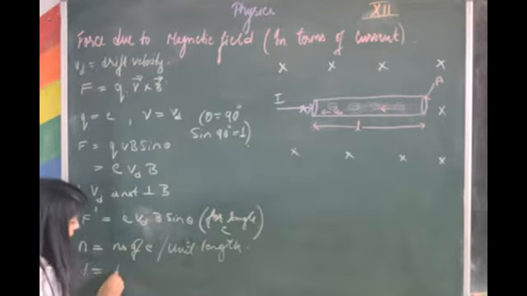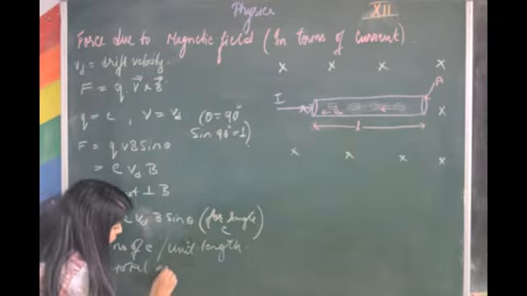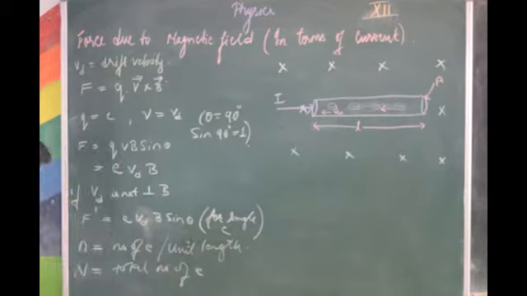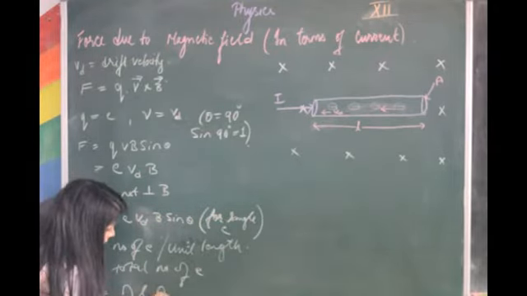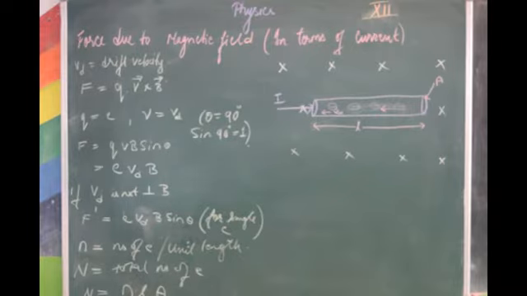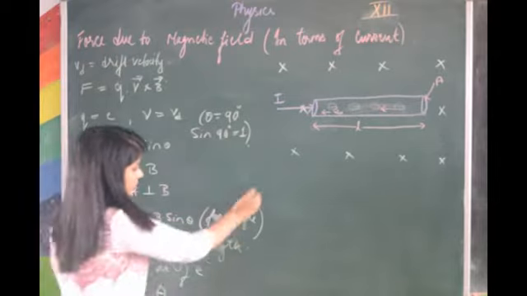Capital N is the total number of electrons. So the total number of electrons becomes the number of electrons per unit length multiplied by the length of the conductor and the area of cross section. So this will be the total number of electrons present inside the conductor.